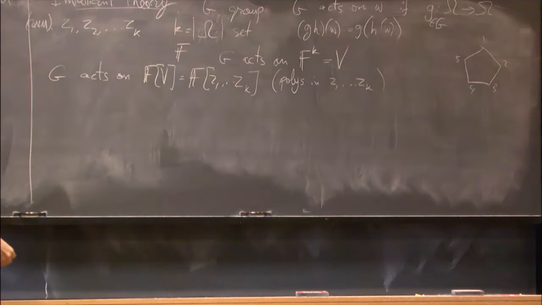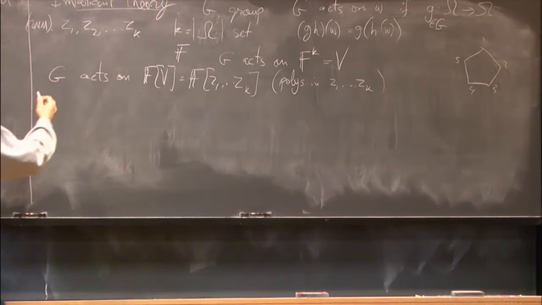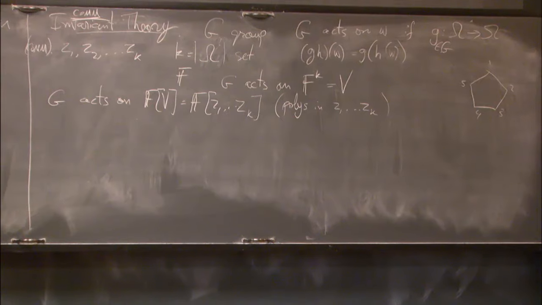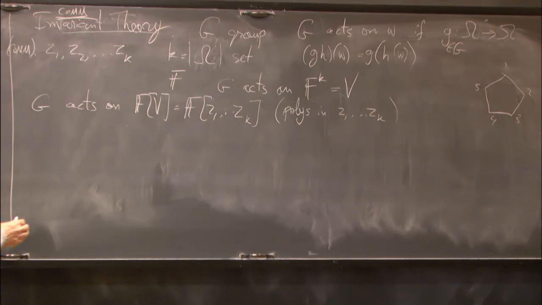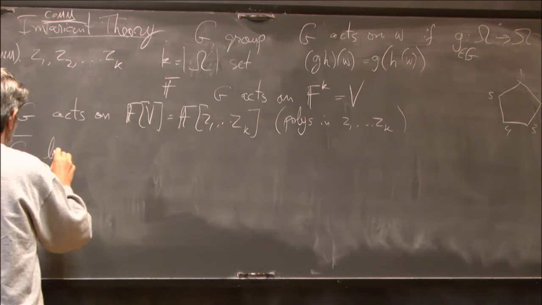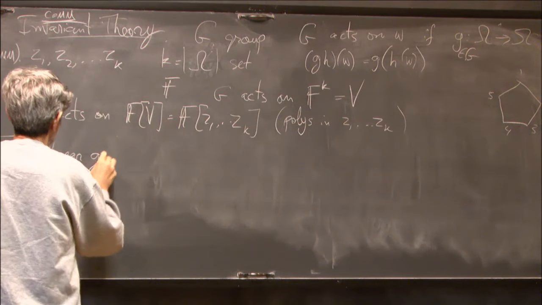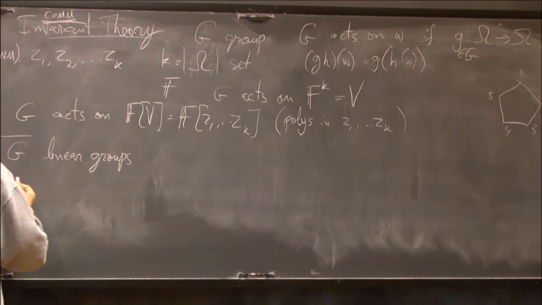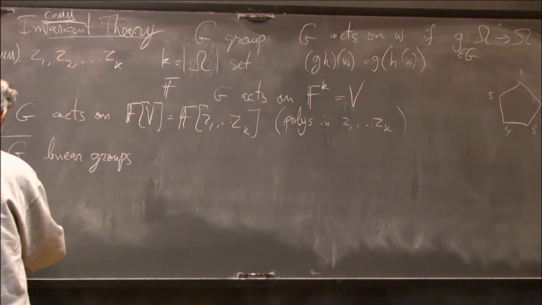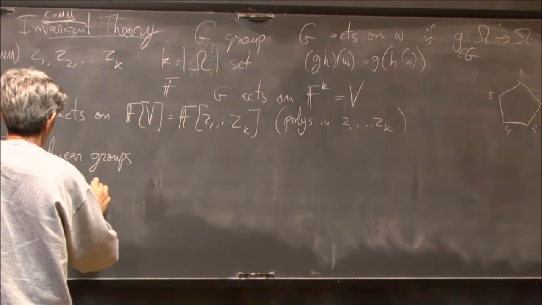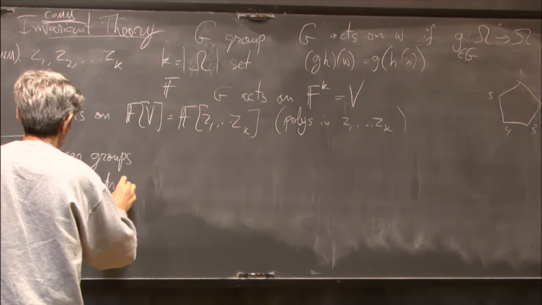How is the action on this polynomial? Just by whatever action it has on F to the k. And from now on, we will only look at G which are linear groups, so just matrices. You can think of G simply as a group of k by k matrices.